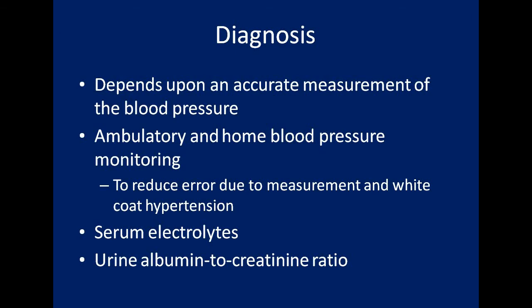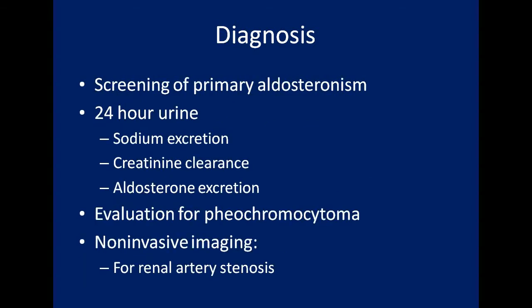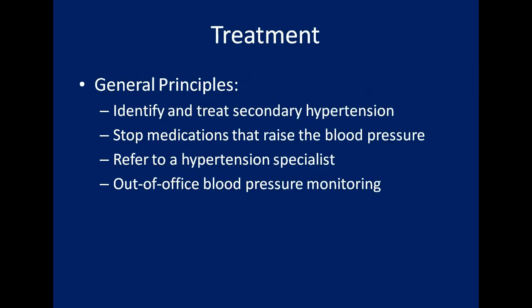We should also look for the urinary albumin to creatinine ratio. We should also screen the patients for primary aldosteronism. We should evaluate the 24-hour urine for sodium excretion, creatinine clearance, and aldosterone excretion. Similarly, patients should be evaluated for pheochromocytoma, and we should also perform non-invasive imaging for renal artery stenosis.